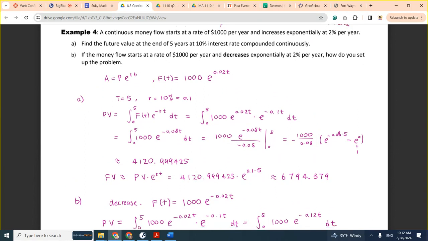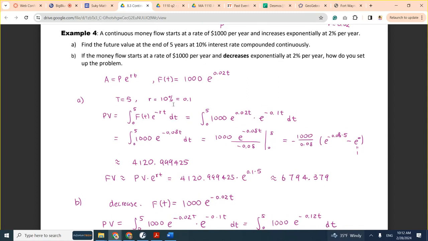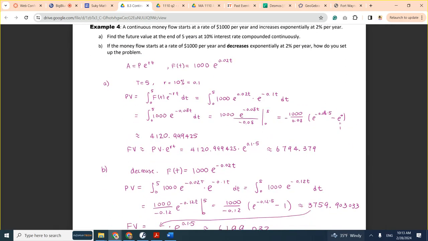And then part C, if the money flow starts at a rate of 1,000 per year and decreases exponentially. So our old problem was 1,000 per year and increasing exponentially. So that's why our income stream function f of t is 1,000 times e to the rt, because it's increasing. But now if it decreases exponentially, the r is negative because it decreases, right?